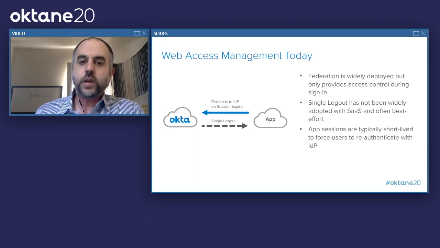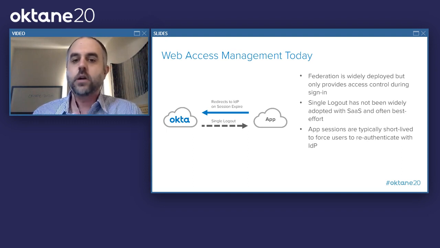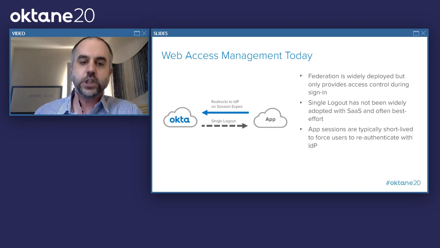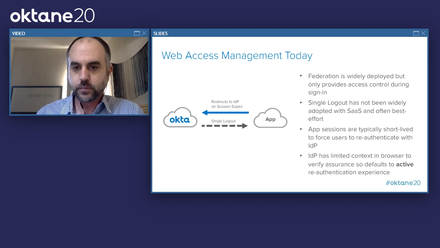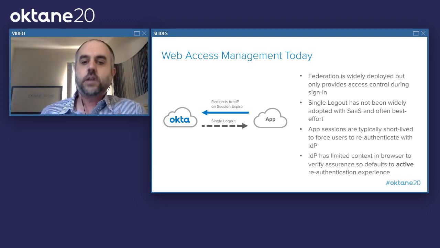To address some of these shortcomings, what is common practice is to create an application session lifetime that's much shorter than the identity provider session lifetime, so that the application redirects the end user back to the IDP to force a check again. And so you get this loop where, say, every hour or every day, the application kicks the user back to the identity provider, giving the identity provider a chance to reevaluate policy again. But keep in mind that the IDP often has very limited context from the device and technologies on the platform to be able to make an assurance level check.